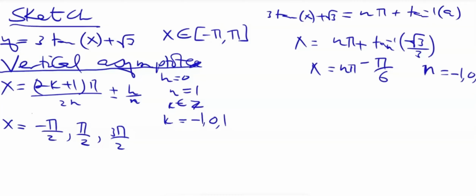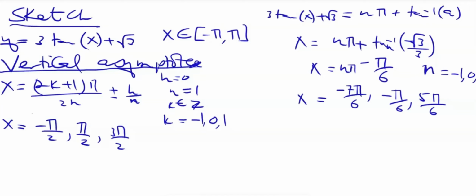Substituting in gives me -7 pi over 6, then -pi over 6, and 5 pi over 6. Those are my x-intercepts.